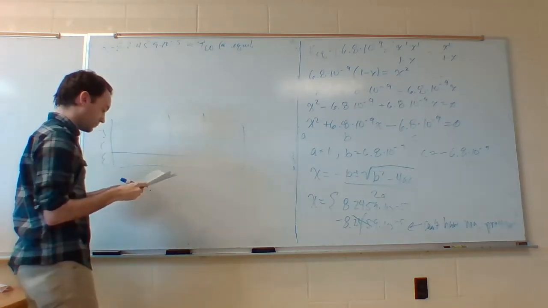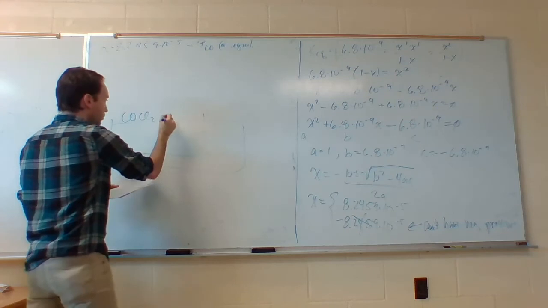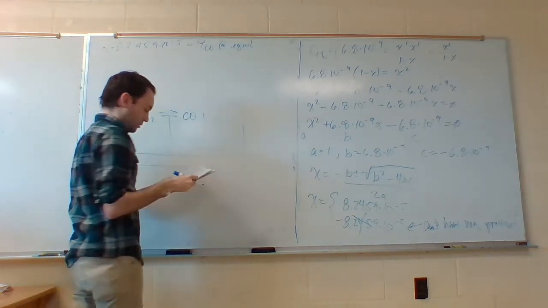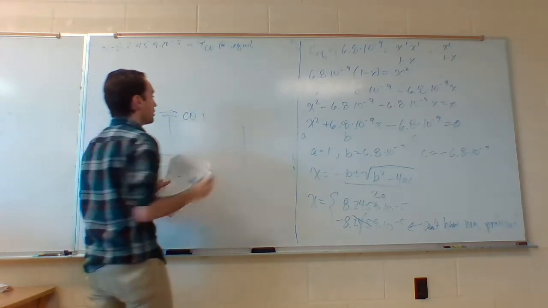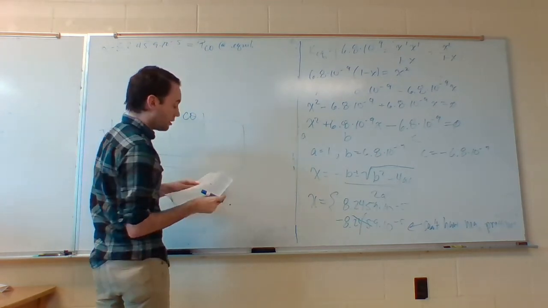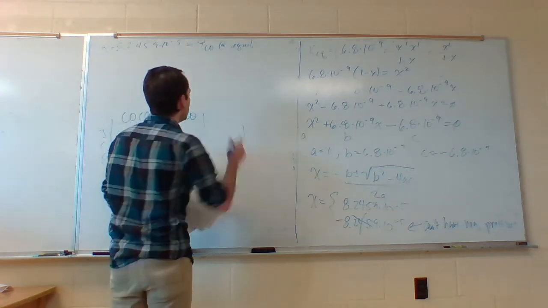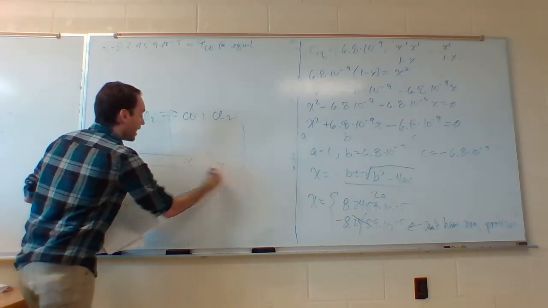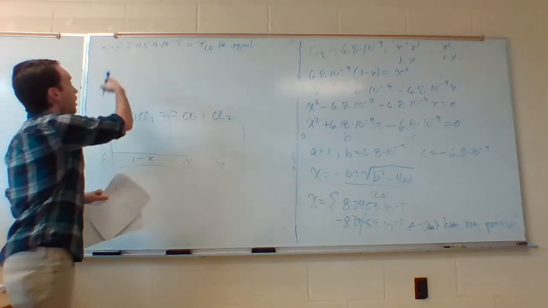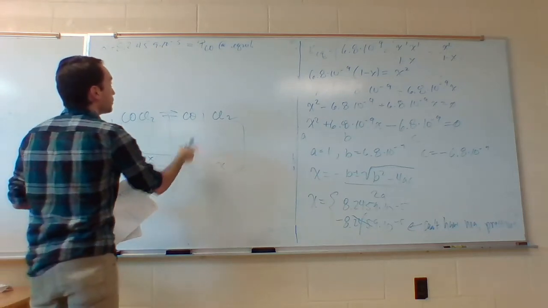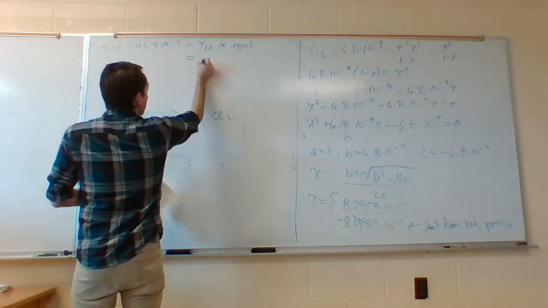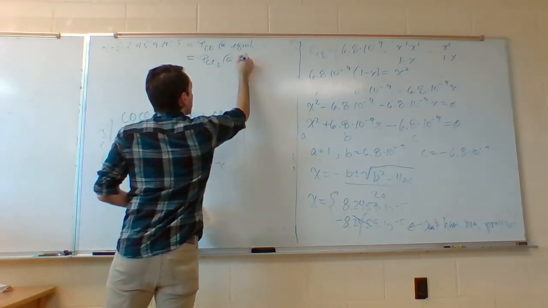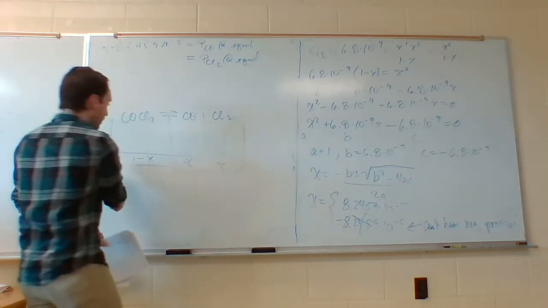We had our COCl2 in equilibrium with our CO and Cl2. Probably shouldn't have erased that right away, but we knew that this was x and 1 minus x. Well, we solved for x. So that's our partial pressure of CO. It is also equal to our partial pressure of Cl2 at equilibrium, because it's in the equilibrium line.